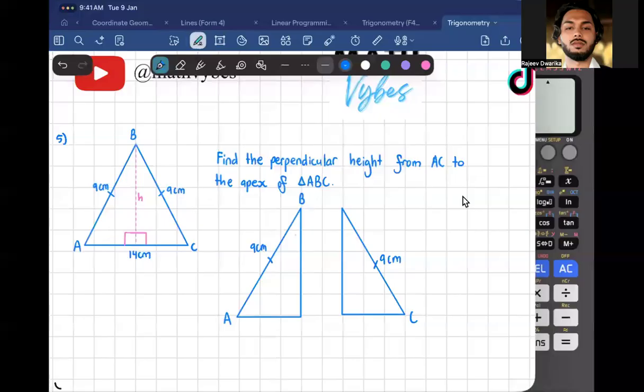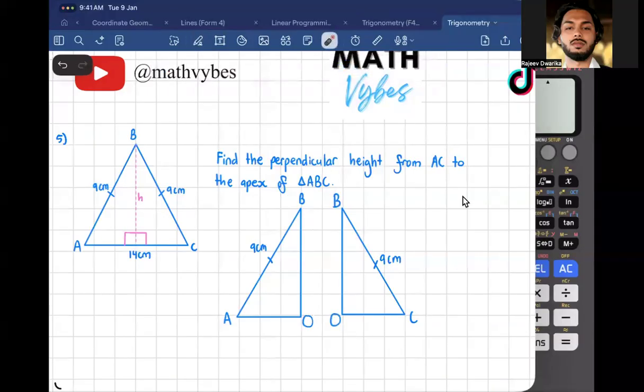Okay. We could probably call this point O. Why not? This would be B. Right, so Mira, do you understand that the height for both of the halves would be exactly the same height? Yes, because it just split in half. Right. Split in the middle, you know.